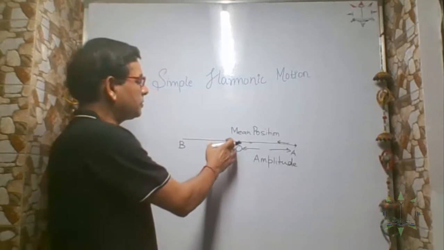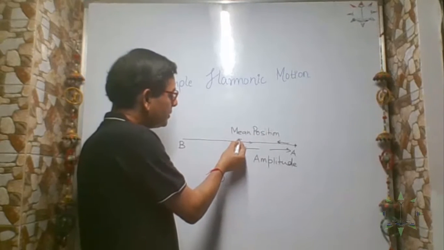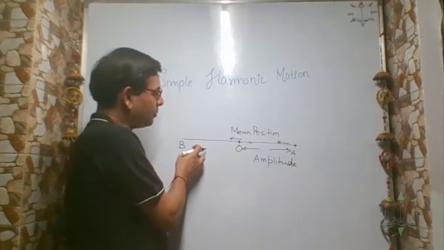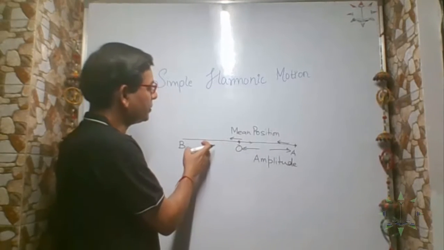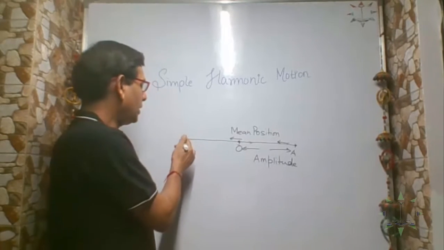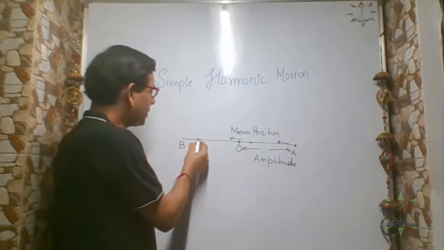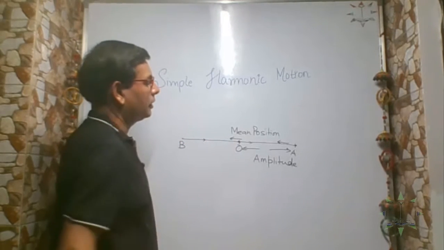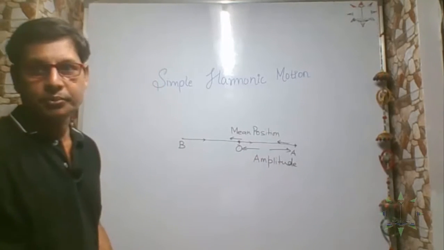So when the velocity is maximum, it cannot stop here. It crosses the mean position and goes away from it. As it goes, its velocity again decreases, it stops here, and starts coming towards the mean position. This way the particle executes simple harmonic motion.